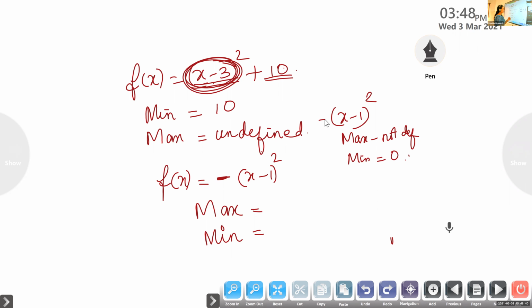What is the maximum value and what is the minimum value now? The same thing, you check it and tell me the smallest value and the highest value you will get.